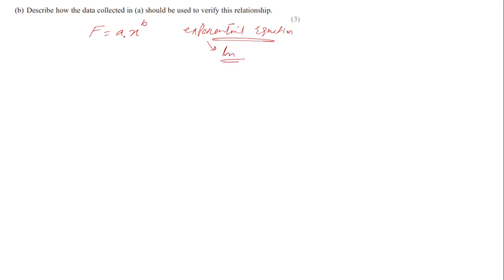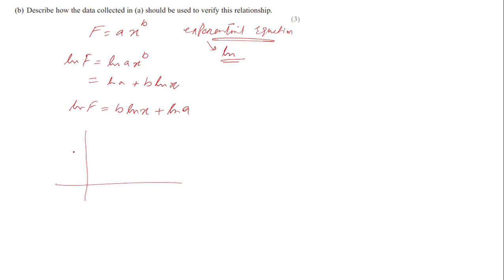If you take log on both sides, you can say that ln F is equal to ln of A x to the power b, and you apply the log rule. So log of A plus b log of x, and then you rearrange: ln F is equal to b log x plus log A. Clearly, you can plot a graph of log of F on the y-axis and log of x on the x-axis.